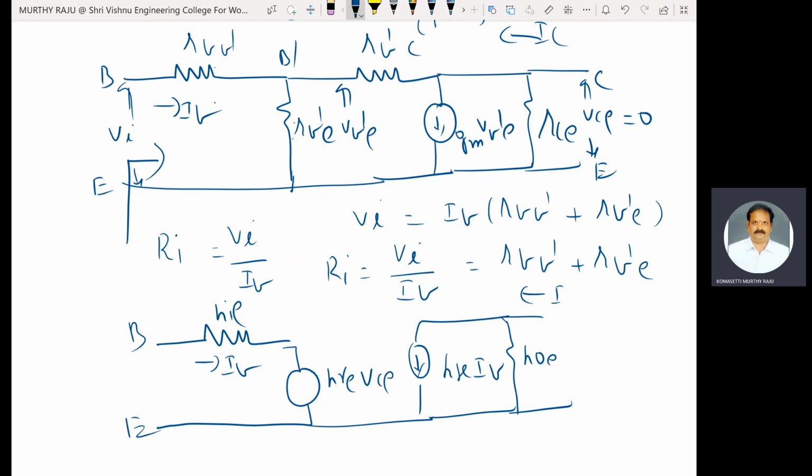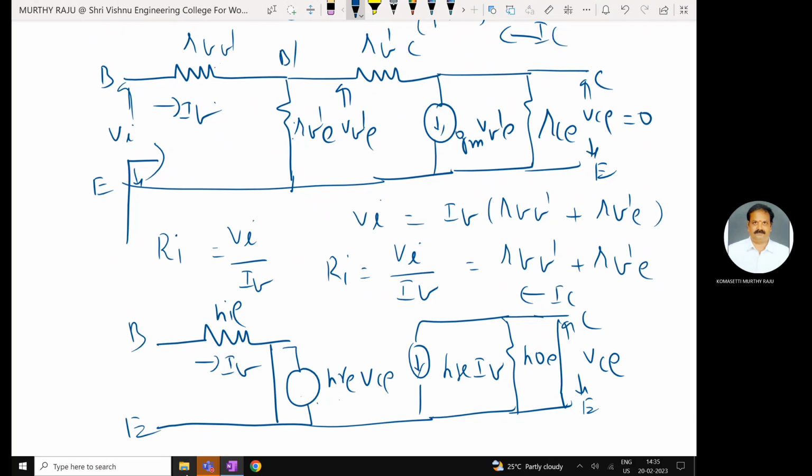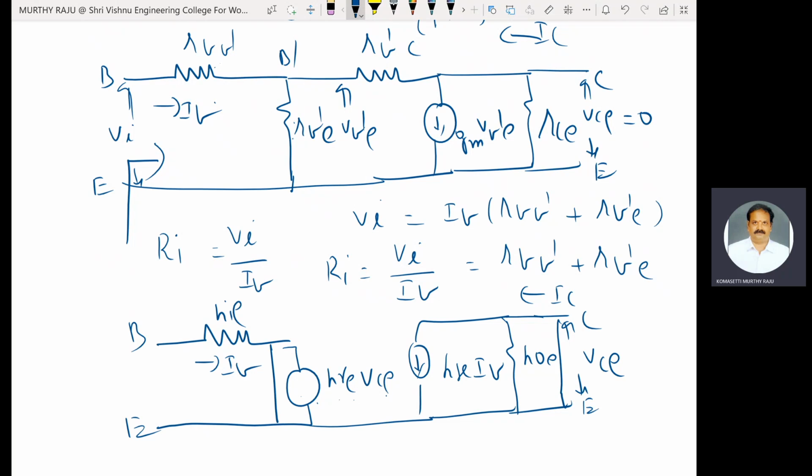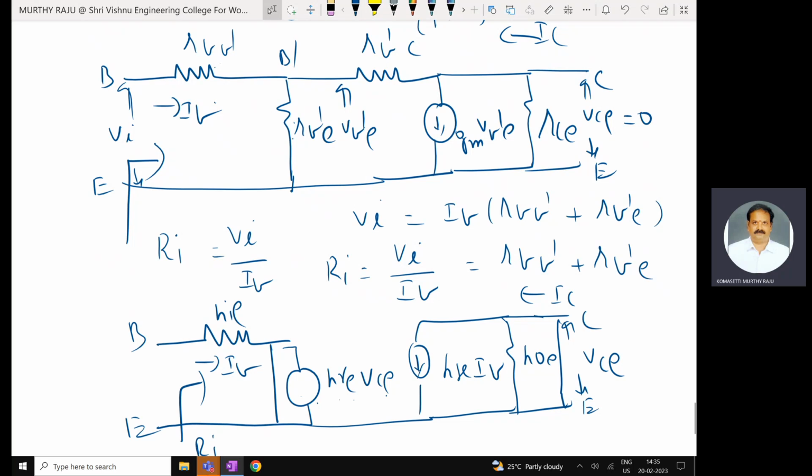This one is IC, the emitter, VCE. Put VC is equal to 0. Then HRE into 0 is 0. This is shorted.